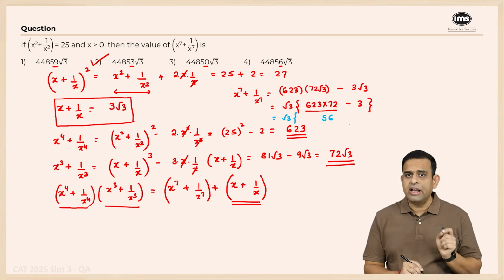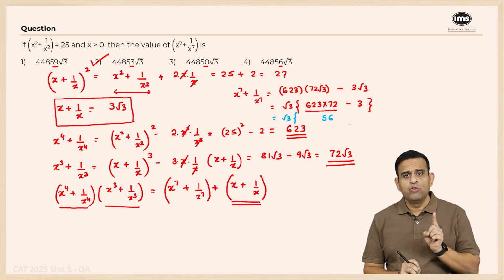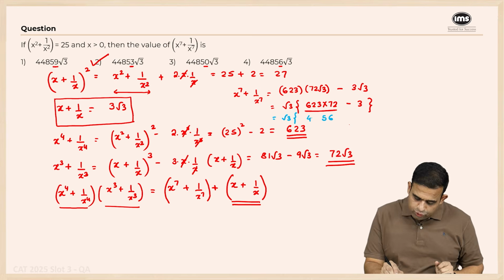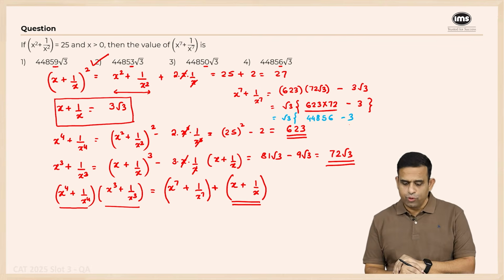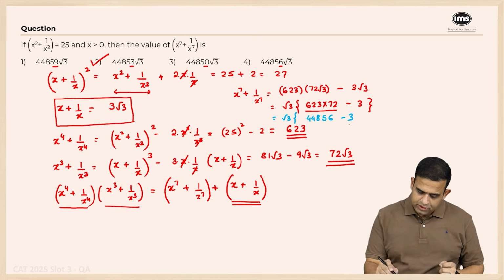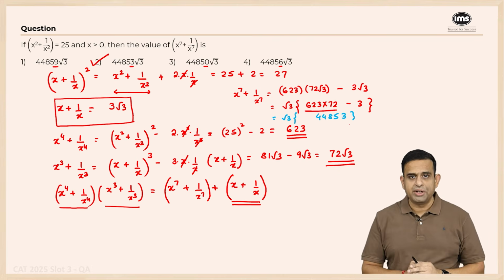So 5 in the end and 16 being the carryover. 72 times 6 basically will give you 432. 432 plus 16 will give you 448. This is 44856 minus 3. And if I subtract 3 from 44856, the outcome becomes 44853. This part becomes 44853 root 3. Hence, option number 2 is the required answer for this particular question.